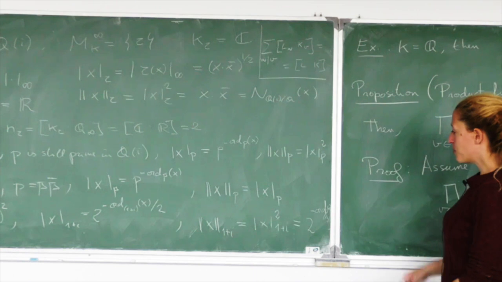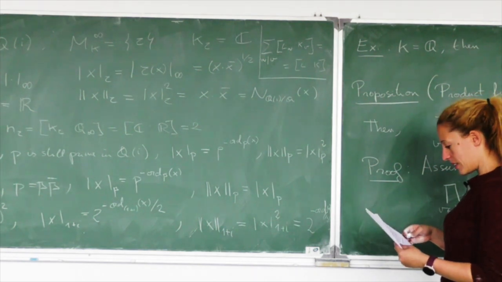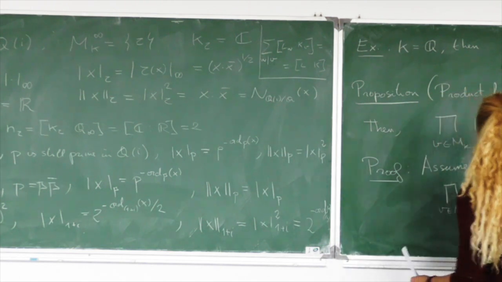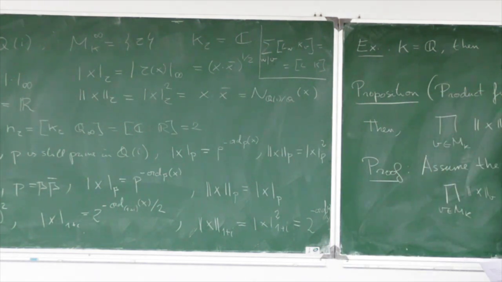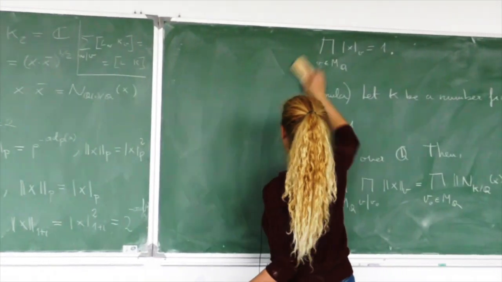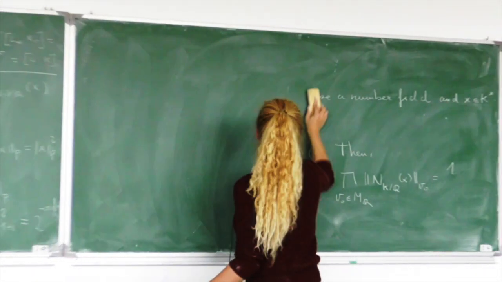So we have this. So now, for instance, it would be nice to do an example to check that we have the product formula as we have here. Okay, so let's do a small example.